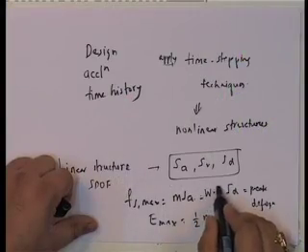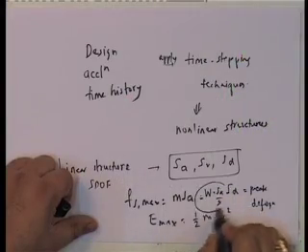If you look at the Indian code IS 1893, the earthquake code, 1893 2002 part 1, you will see a design response spectrum, and you design a structure for a certain percentage of the weight, which is nothing but weight into SA by g.